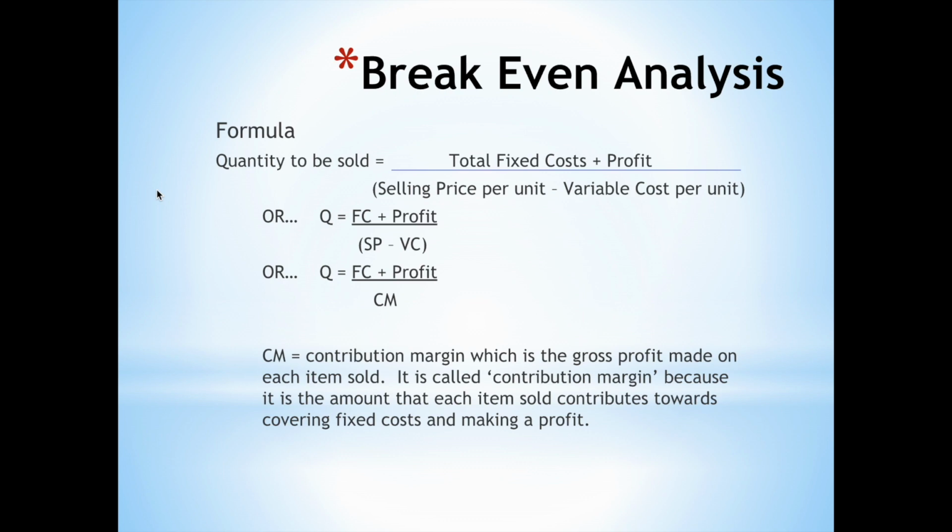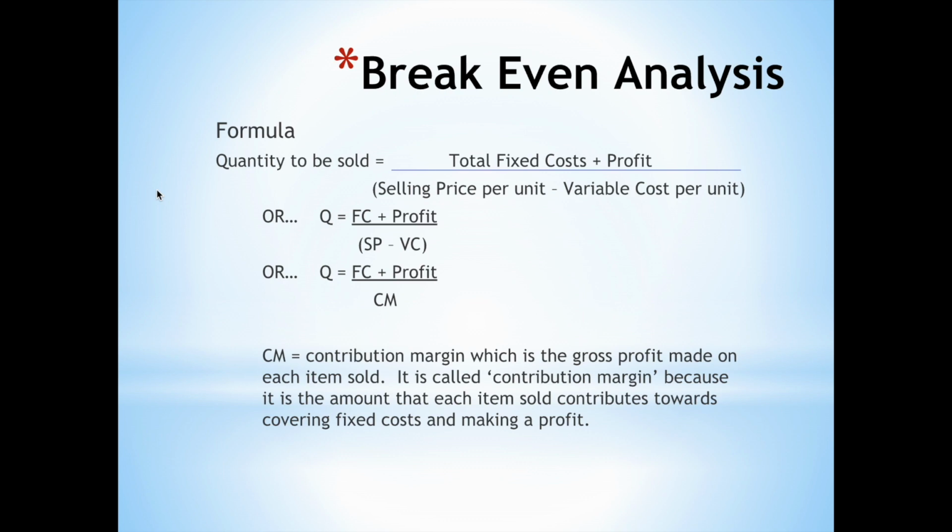In simple terms, the quantity to be sold equals the total fixed cost plus the profit, divided by the selling price per unit minus the variable cost per unit. The denominator of this equation is also known as the CM, the contribution margin, or the gross profit made on each item sold.